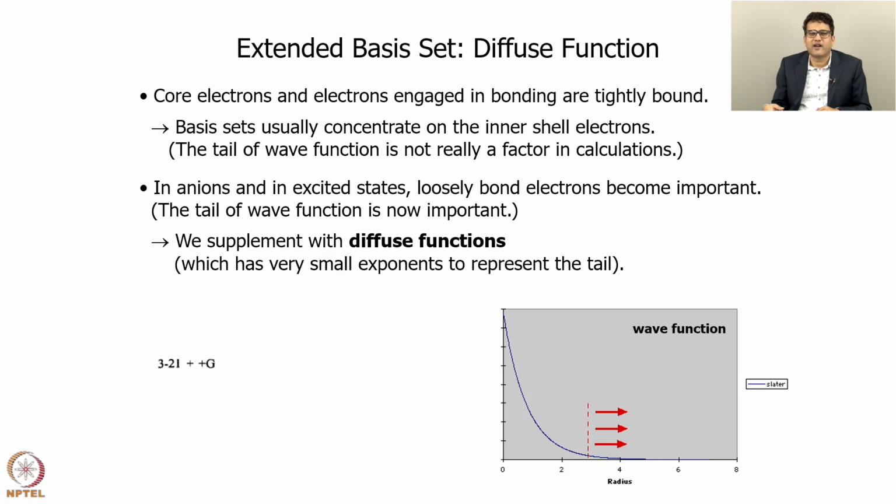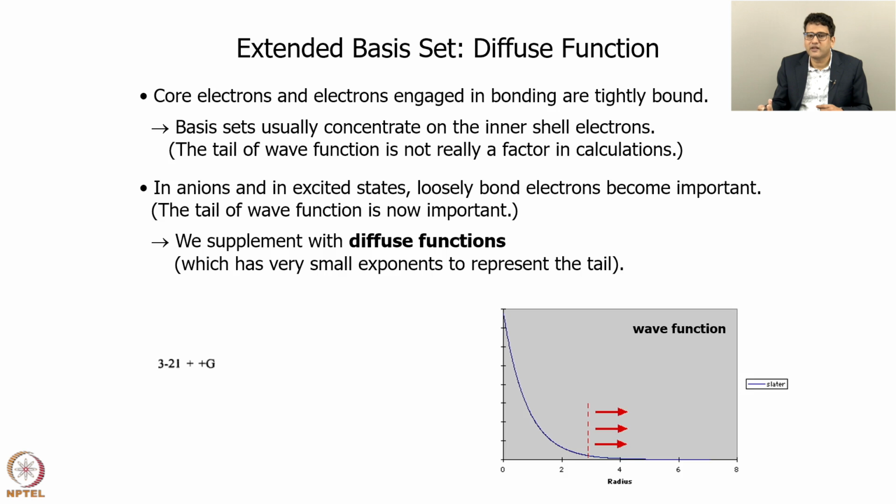But if you are going for anions or excited states, where the electron density is away from the nuclear framework, then the tail of the wave function is very important, and in that case you need to put in diffuse functions. In the language of basis sets this is often called augmentation. Augmentation essentially means supplementing the basis functions with diffuse functions. Diffuse functions have a small exponent value, so they decay very slowly.